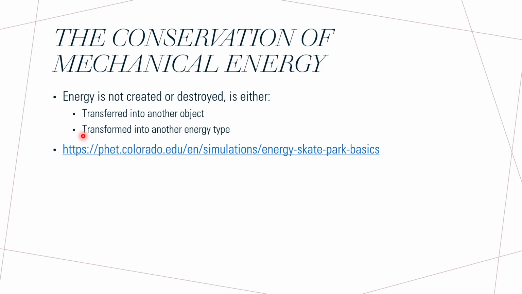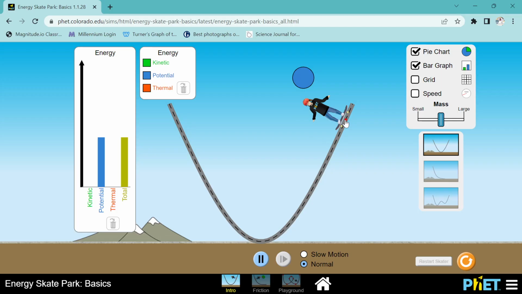In class, we're going to have a look at the PhET simulation that I have got linked there, and that will help us visualize this idea of, one, that energy is not being created or destroyed and that we can take into account all energy types in all places at all times, but then also look at how that energy can be transferred and transformed.